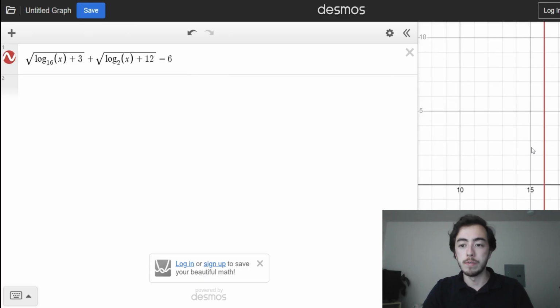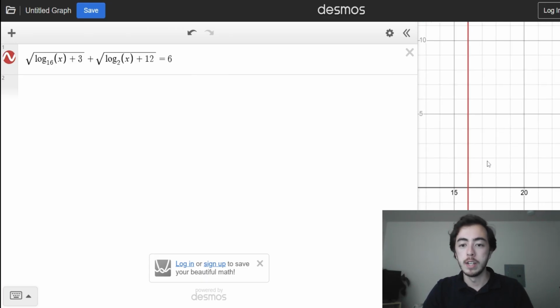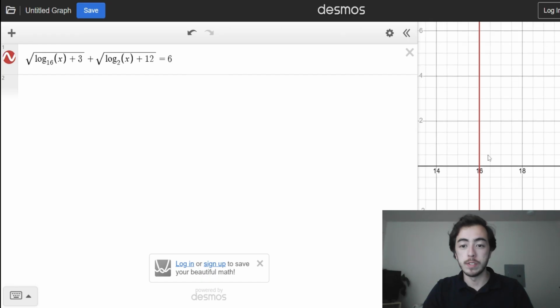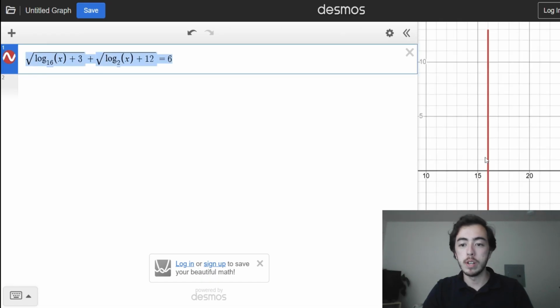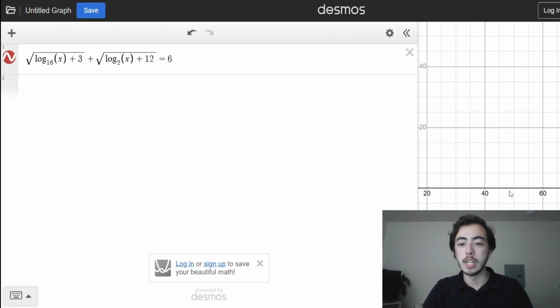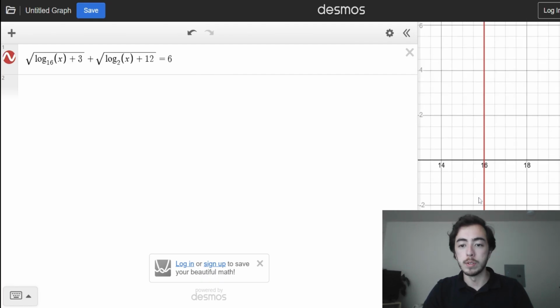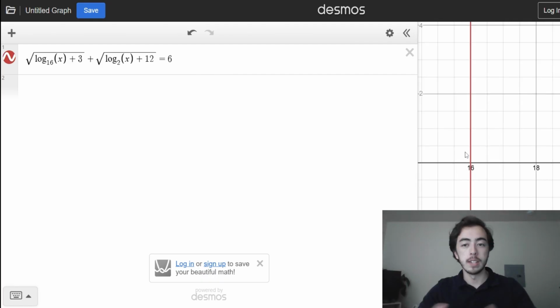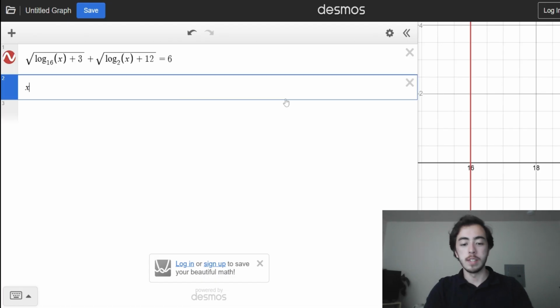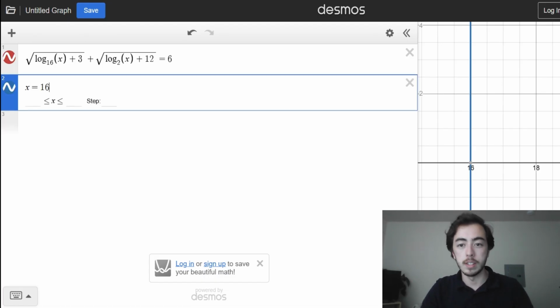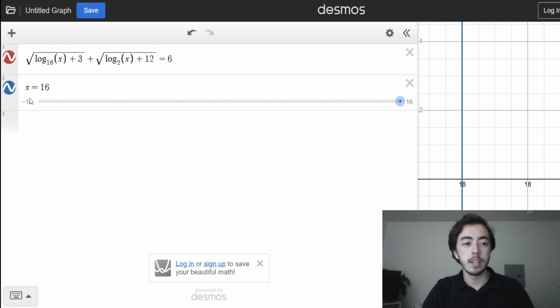So right now, this vertical red line right here is showing that we have an answer of 16, as in this is the one and only x value pretty much anywhere on the graph that produces a line. And that's indicating to me that this is the same thing as just saying x equals 16. You can now see that this blue line kind of overlapped the red one. And that kind of shows me that they are the same thing.